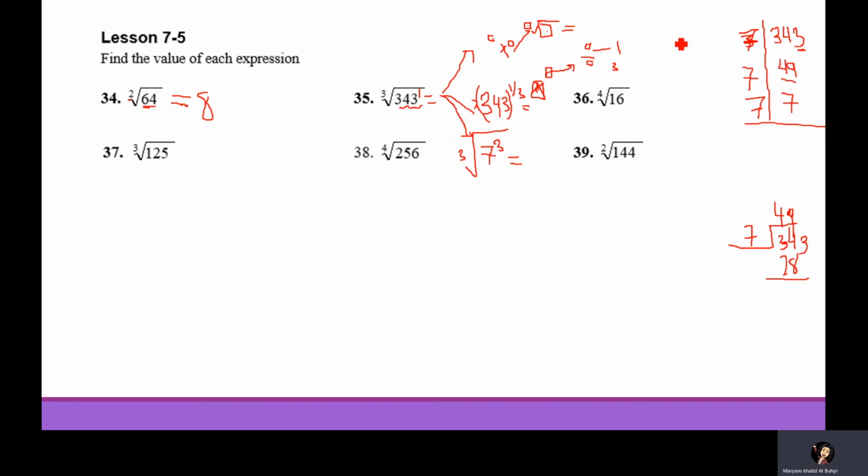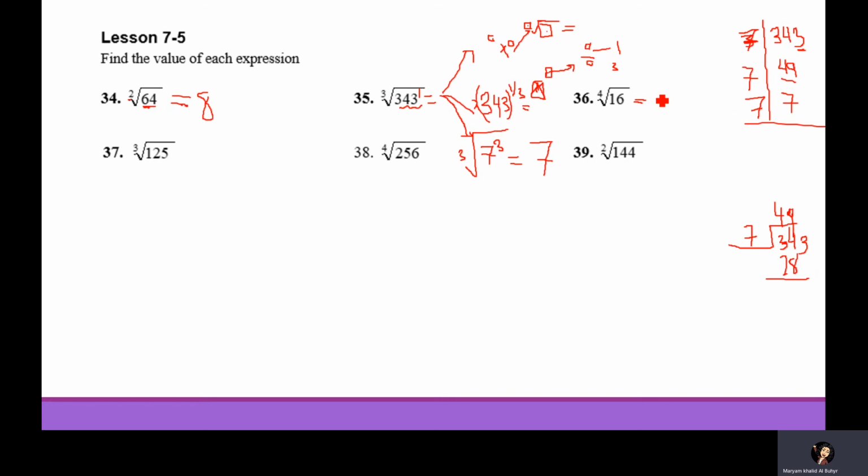So this is the prime factorization: 343 is 7 times 7 times 7, which is 7 to the power 3. That means the answer is 7. I'm sure you all will do it immediately by calculator, and you don't want to spend all this time that I'm doing this part with you, but I want to show you all possible things. Now the rest I will finish easy and fast.